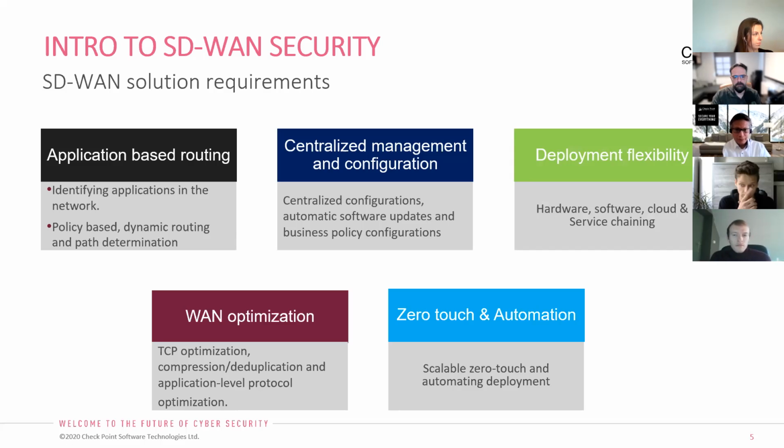It has to be flexible, so you need to be able to cope with different kinds of hardware, software, and different kinds of deployment as well. It has to be optimized, so there is some compression and some optimization of the packet ratio done on this level. And all this with a minimum of cumbersome management. It has to be done through automation, not using a lot of CLI or lots of commands, but mostly automated tools which enable a zero-touch, or almost zero-touch, deployment of your SD-WAN.